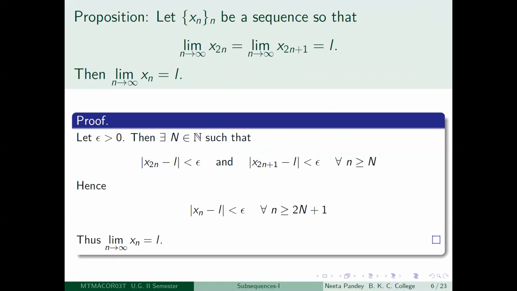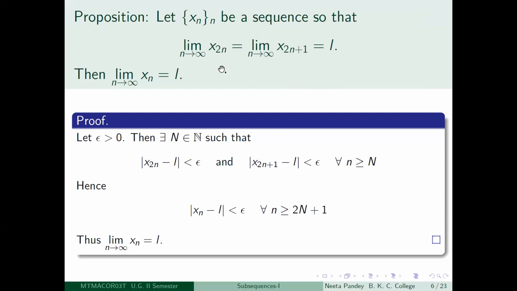I have been saying that the easiest way to look at a subsequence is looking at all the even terms or all the odd terms of the sequence. Suppose you are given a sequence x_n which satisfies this property: limit n tending to infinity x_2n is equal to limit n tending to infinity x_(2n+1) is equal to L. I could have written x_(2n-1) here also to include x_1, but it doesn't really matter.